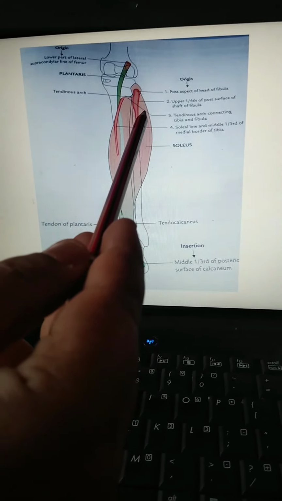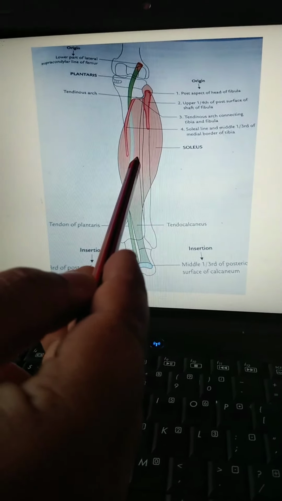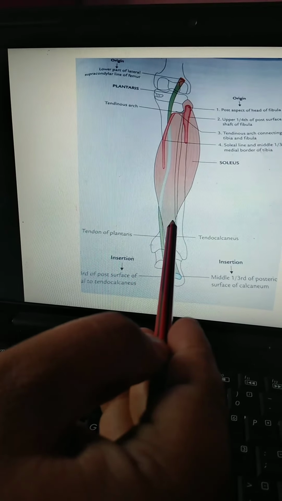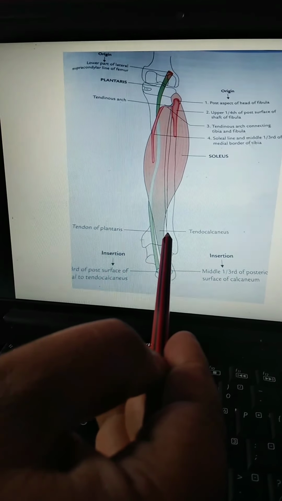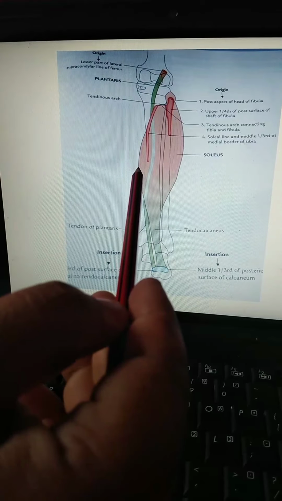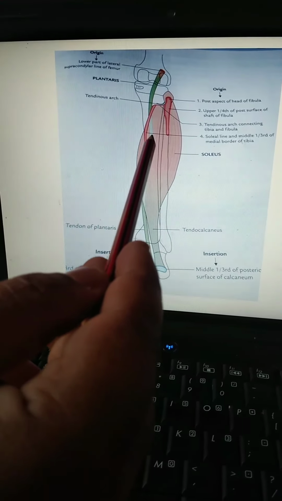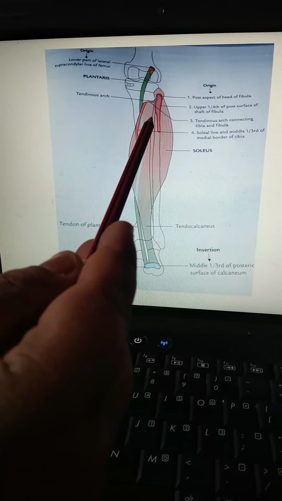The muscle fibers slope downwards to form a massive belly, which gives rise to a tendon. The tendon of soleus fuses with that of the gastrocnemius to form the tendocalcaneus. Now, it is supplied by two branches of the tibial nerve. The first branch supplies the muscle in the popliteal fossa from its superficial surface.